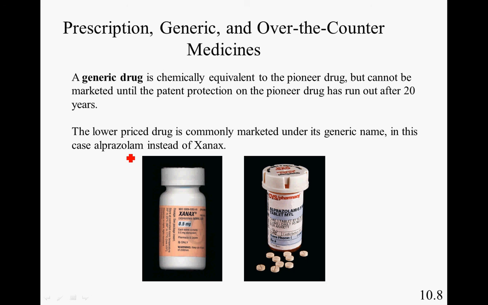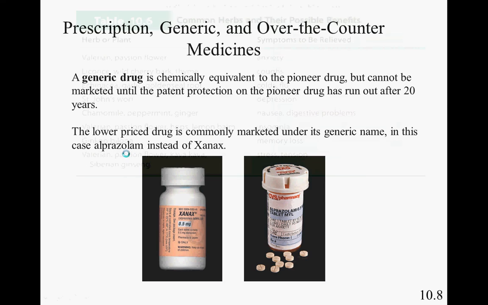If the generic drug company can prove that it is equivalent to the original name brand drug, it has fewer hoops to jump through. It is even easier to get into the stores. The lower priced drug is commonly marketed under a generic name, in this case, Alprazolam instead of Xanax.